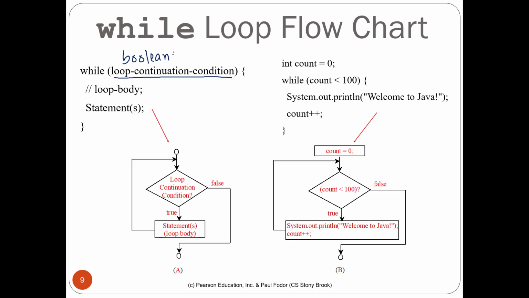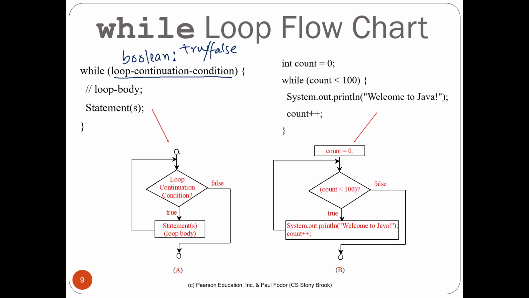It has to be a Boolean expression that results in either true or false, and this is called the loop continuation condition. If this condition is true, then only you will run the body. Otherwise, you have to come out of the loop.